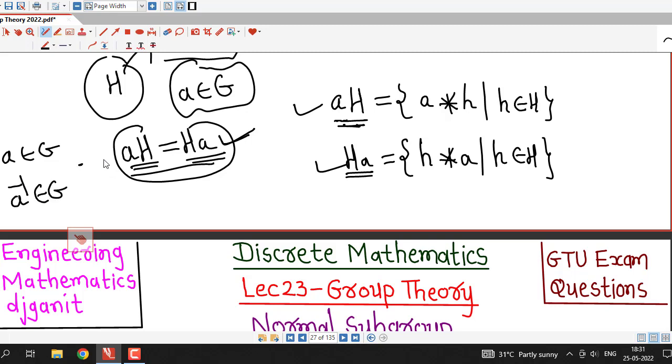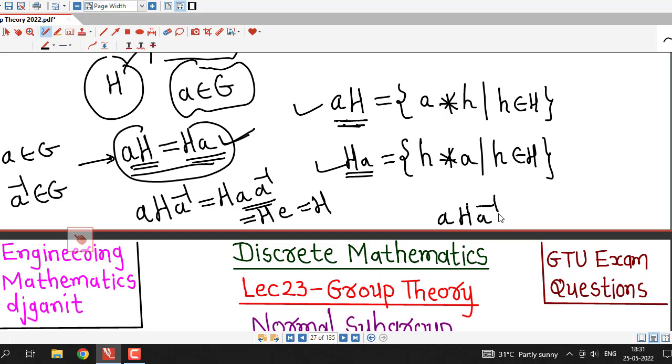So suppose I multiply this equation on both sides on the right by a inverse, then I will have aHa inverse equal to Haa inverse. Now here a times a inverse is the identity, so that is equal to H. So this is another equivalent form for the normal subgroup. If aHa inverse is equal to H, then also H is called a normal subgroup.